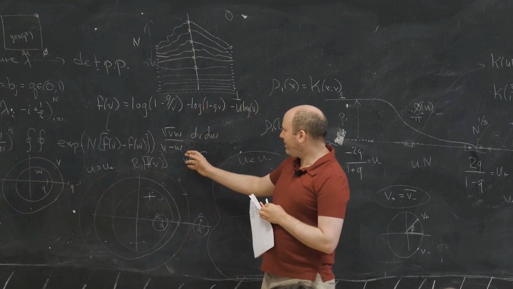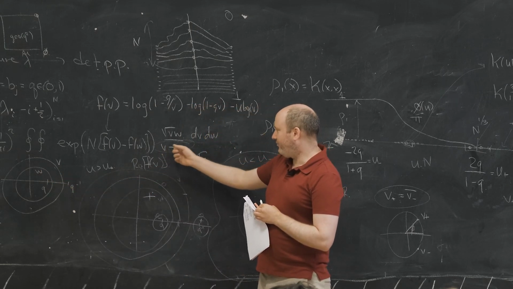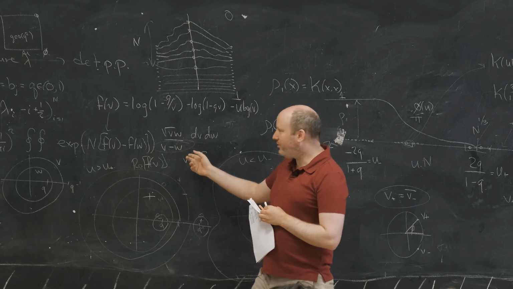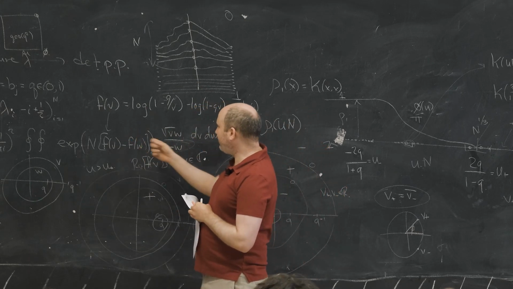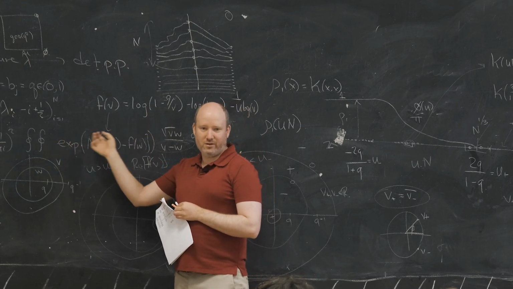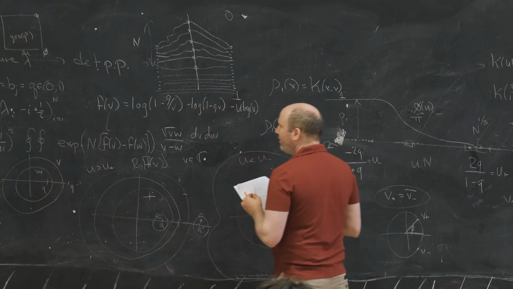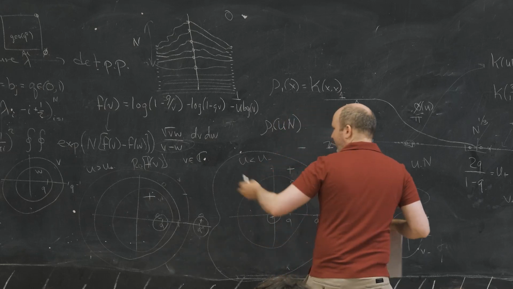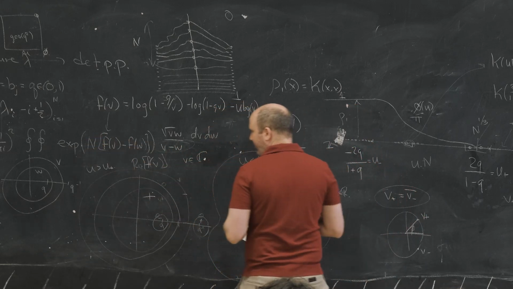When you do that, you pick up a residue at v equals w. And when you pick up the residue, it just means that you need to substitute v equals w into everywhere else in the formula.